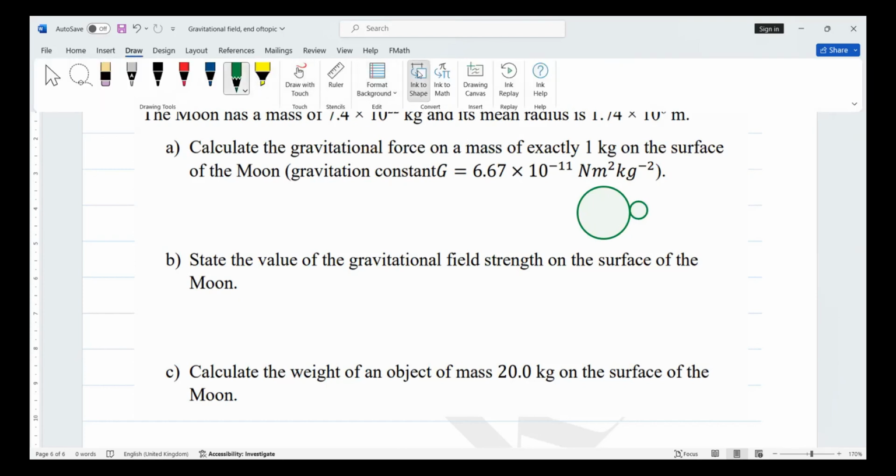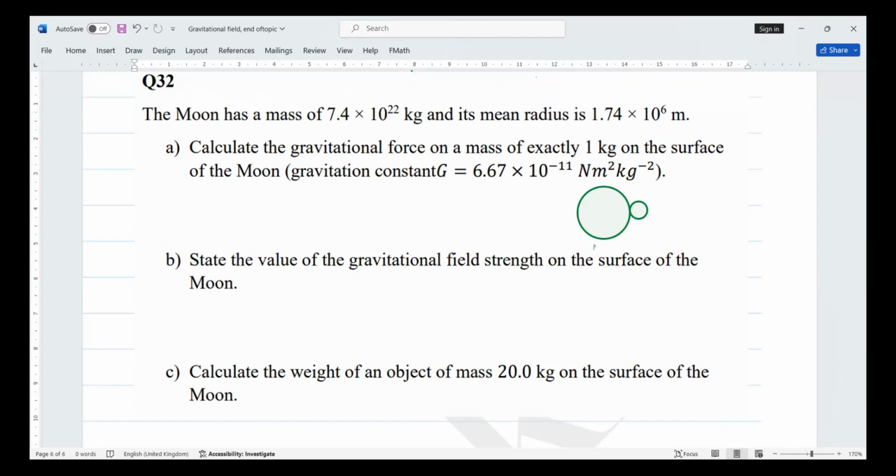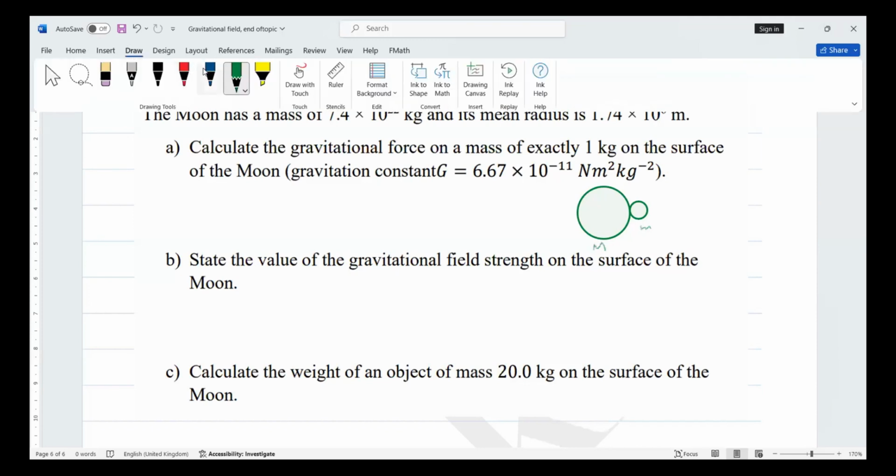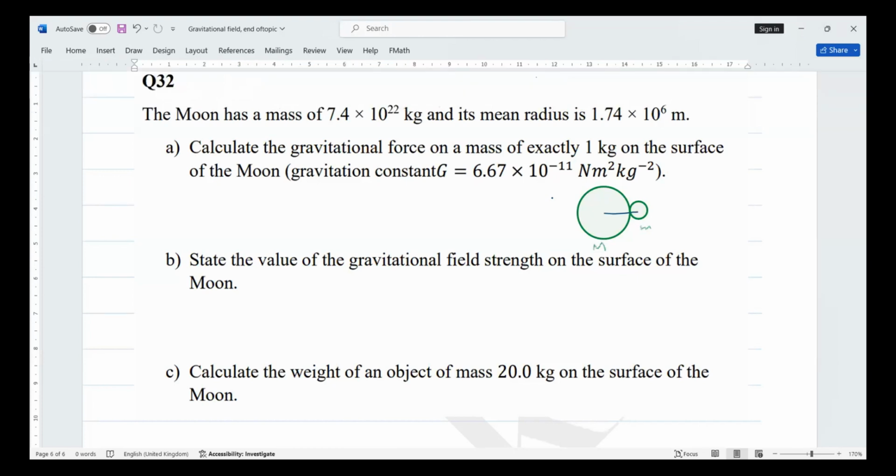So this is the moon, M capital, and this is M small. The radius of the moon is the distance between the two things, because it is on the surface. So R capital is the same as R small because there is no height.